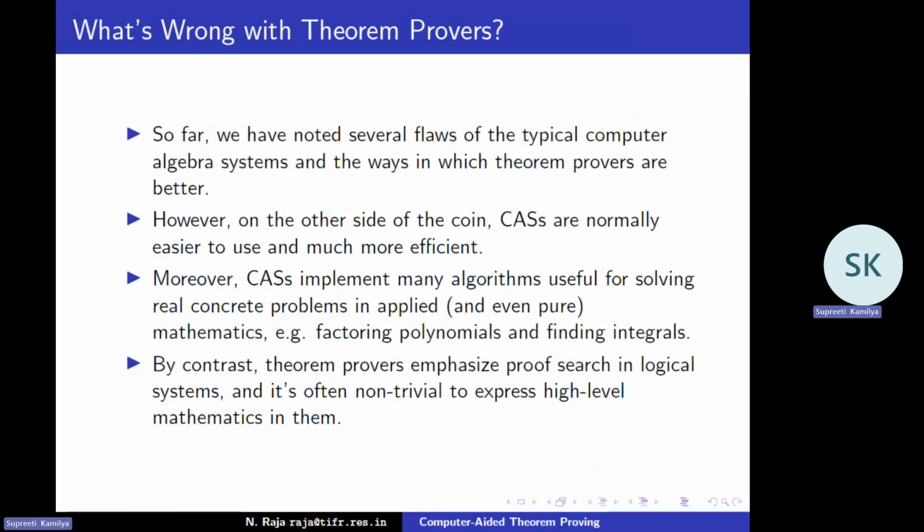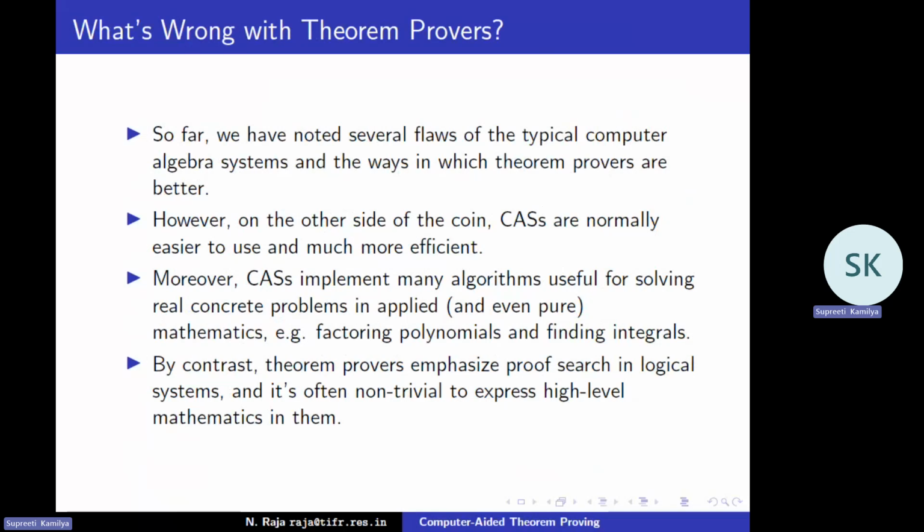You don't need to be a programmer. You don't need a background in logic or in foundations of mathematics to be able to start using them. You can just switch it on and start playing with it. But theorem provers are much harder to get used to.